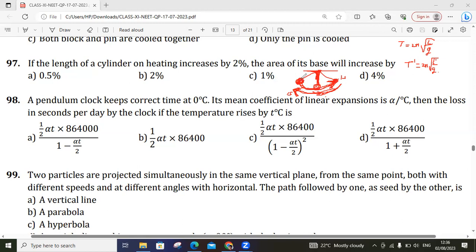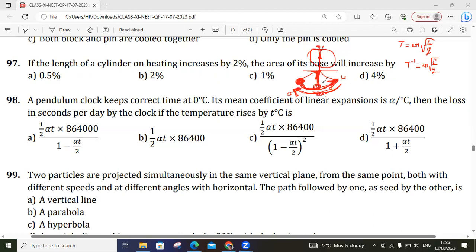Okay. One thing is, see, when it goes from here to here, the clock's second hand will go 1 second. Only when it goes from here to here. So when T dash is suppose 1.3 seconds, it will go from here to here in 1.3 seconds. But the seconds hand will go from 0 to 1, means it will show 1 second.